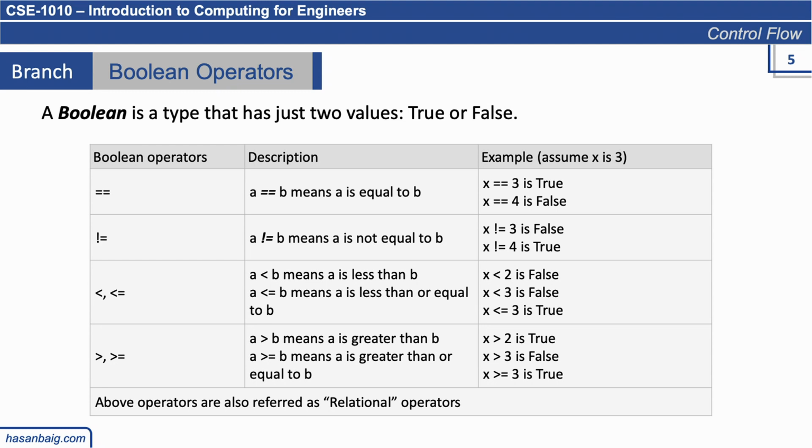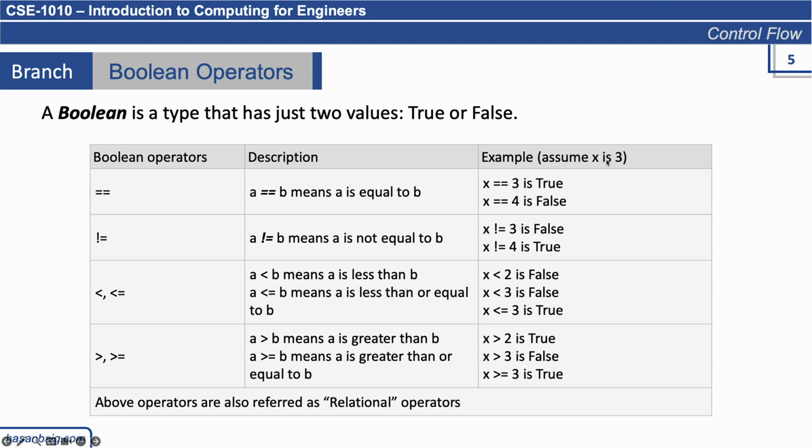Similarly, we can have Boolean operators. These are all called relational operators because they test for the relation between two operands. Equal is an equality operator which checks whether the value stored in A is equivalent to the value stored in B. If the condition A equal to B is satisfied, then the outcome is true.